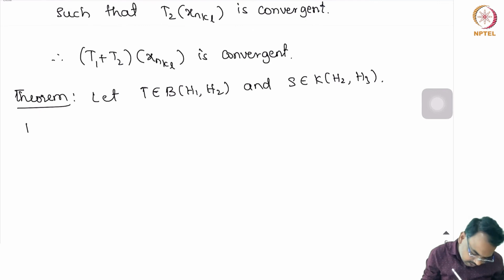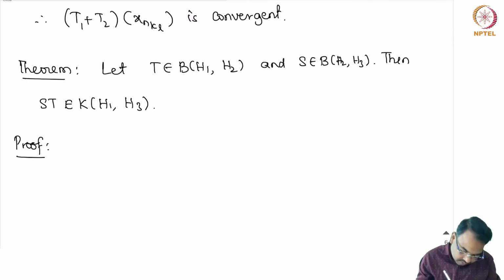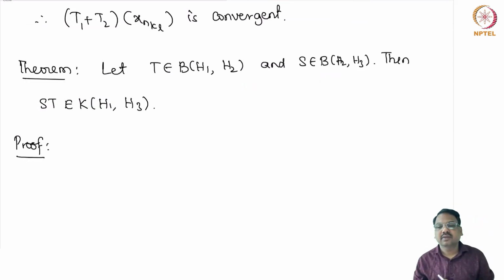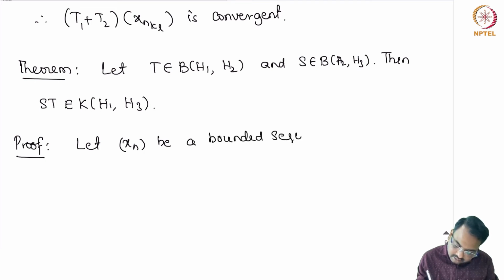Then we can say that ST is a compact operator from H1 into H3. Again we use the sequential definition of compactness. Let Xn be a bounded sequence in H1.